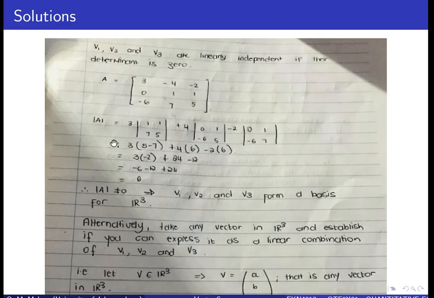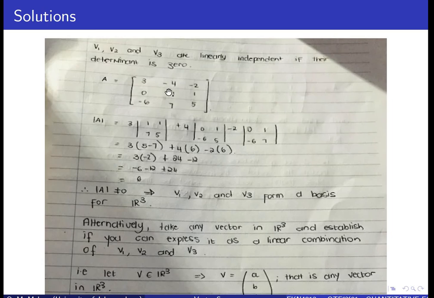This is what I did on the slide. V1, V2, and V3 are linearly independent if their determinant is non-zero. If it's 0, it means they're linearly dependent. You can just scratch that out, that should be non-zero.